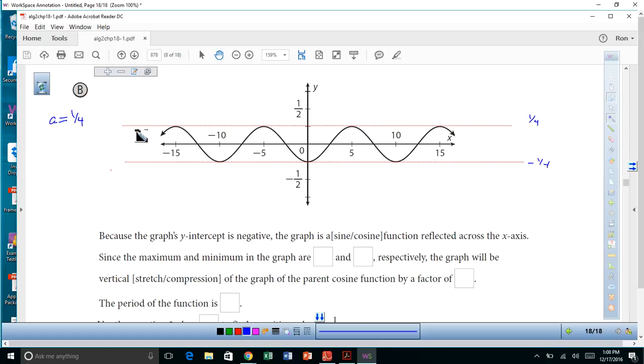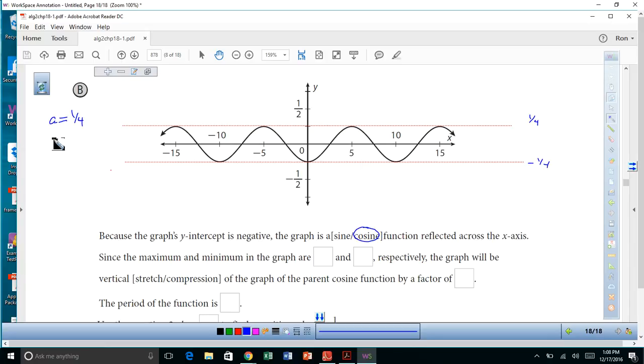So again, my amplitude. Now, how in the world am I going to find my B? Well, notice that it doesn't go through the origin, right? So that means it's a cosine function. Because the graph's y-intercept is negative, the graph is a cosine function reflected across the x-axis.